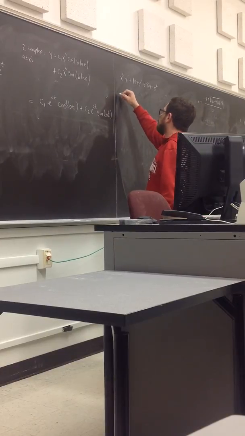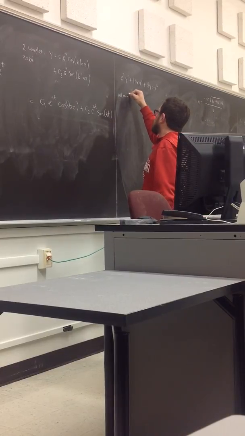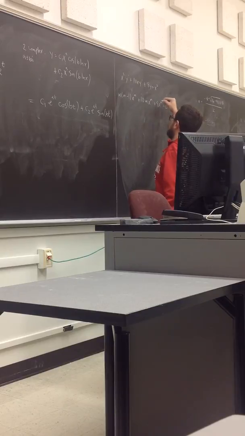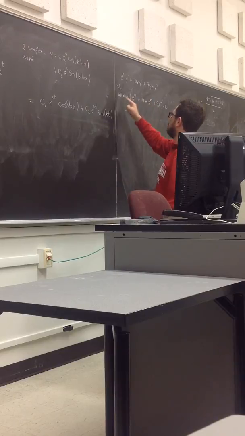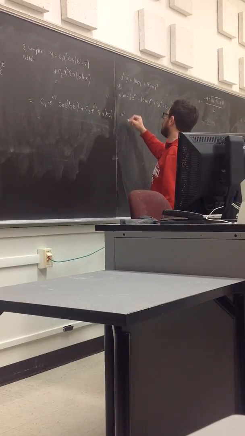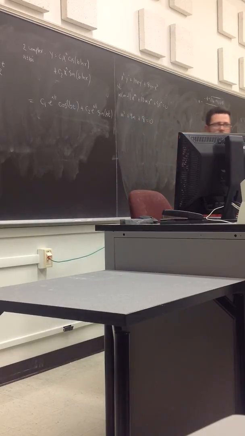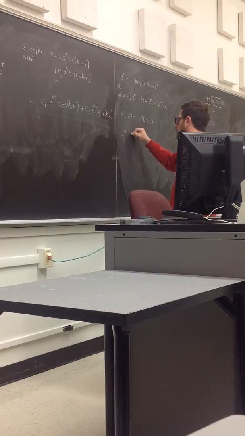Same substitution, we'll have n minus 1, x to the n plus 10 m x to the n plus 8 x to the n equals 0. This is for yc. Divide by x to the n and you get m squared plus 9m plus 8 equals 0. This factors as m plus 1, m plus 8.